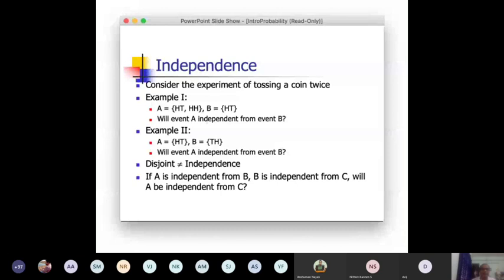If A is independent from B and B is independent from C, will A be independent from C? What do you think? Anyone?